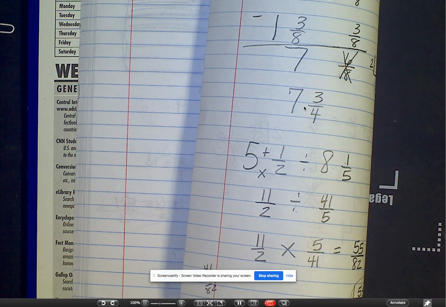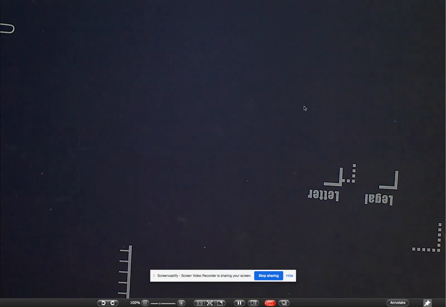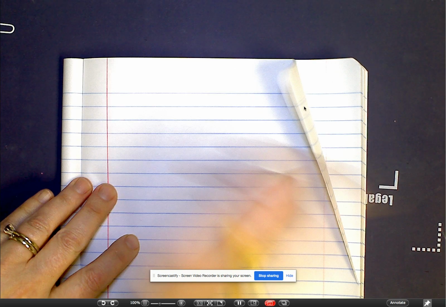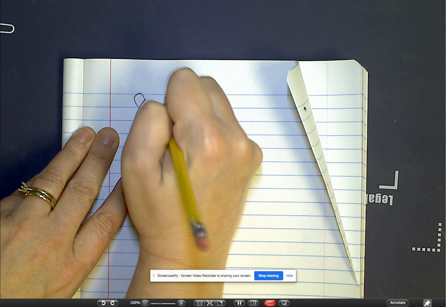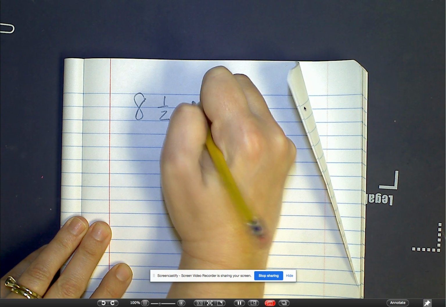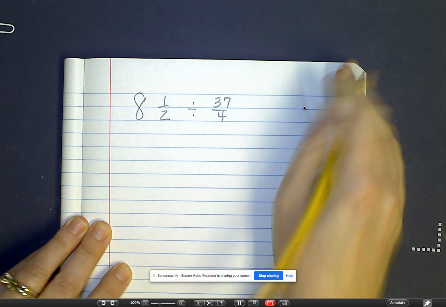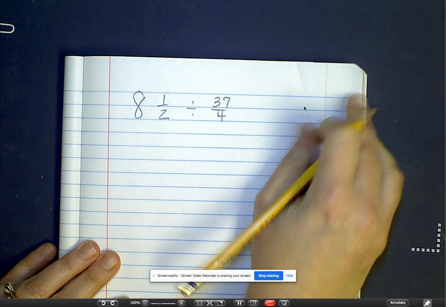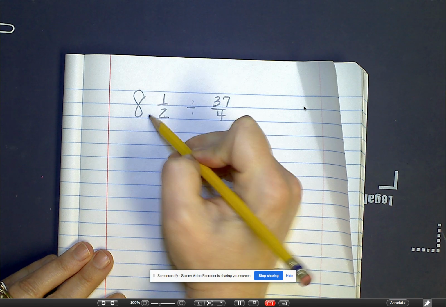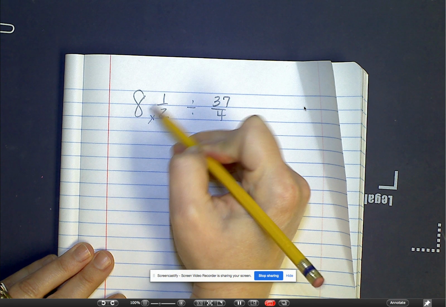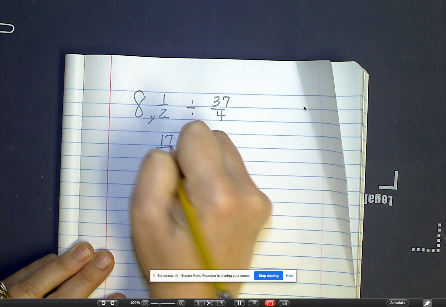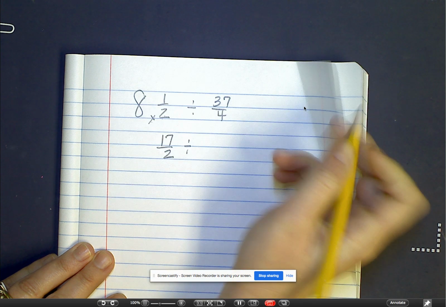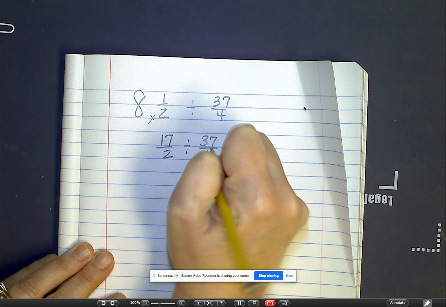Okay, and we got one more, number 9, and it's the same type of problem. I gave you 4 of these so we could get a lot of practice on this. So we have 8 1/2 divided by 37 over 4, right? So the first thing I need to do is change this to an improper fraction. 2 times 8 is 16, plus 1 is 17. 17 over 2 divided by 37 over 4.